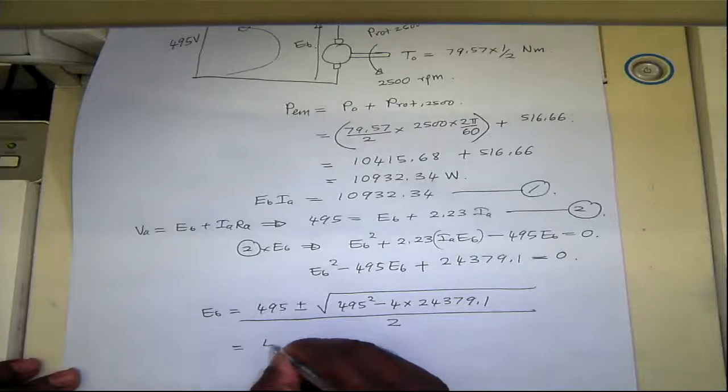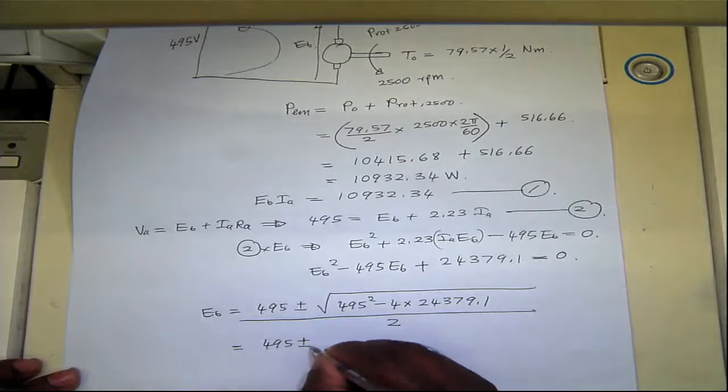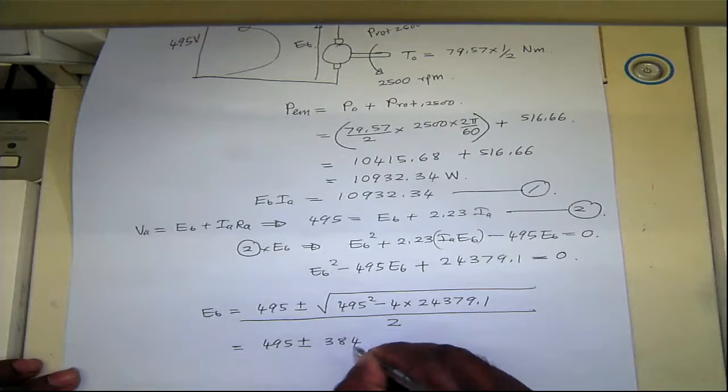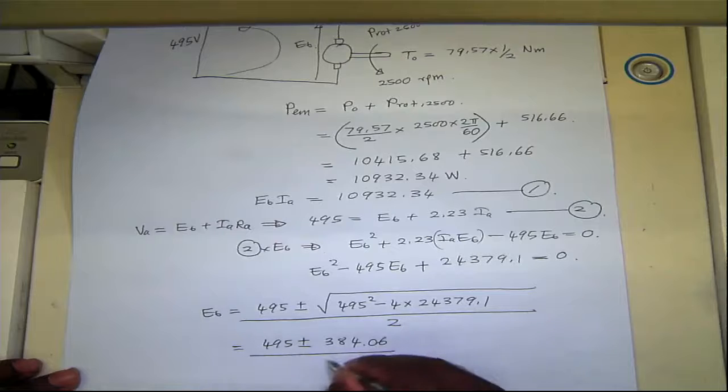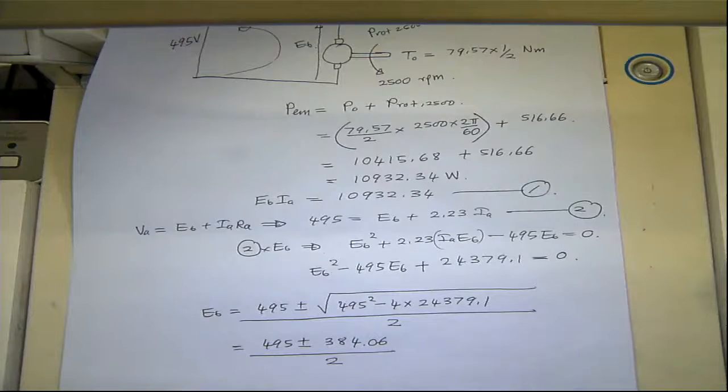So you have (495 plus or minus 384) or 6 divided by 2. So we already know it's the positive term that's the valid one. So positive result, we'll just take the positive result.